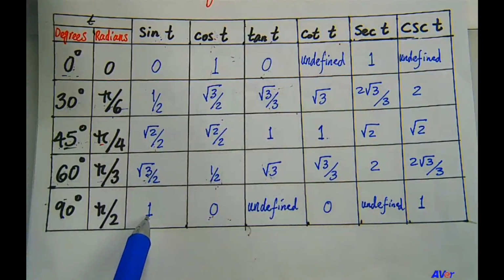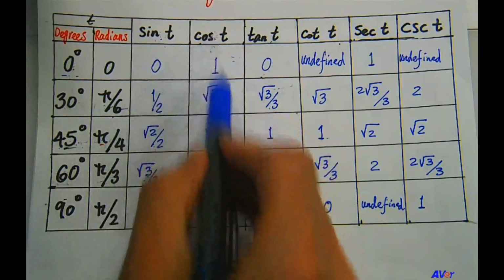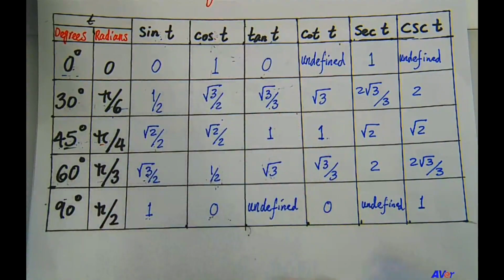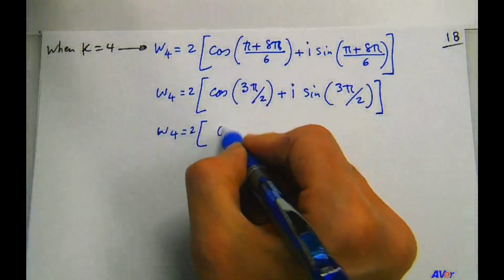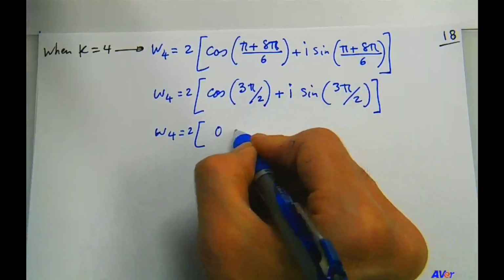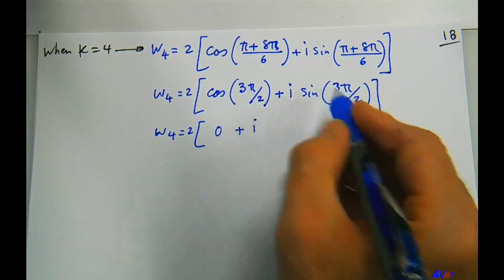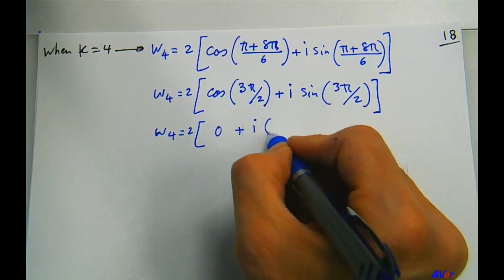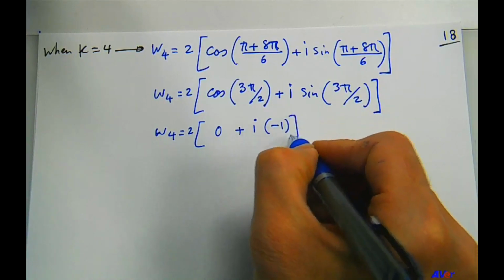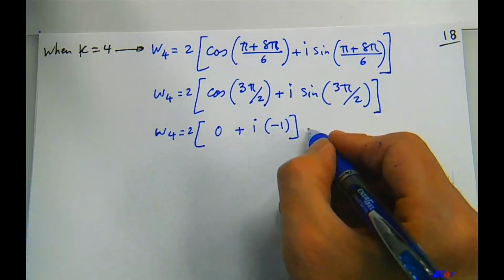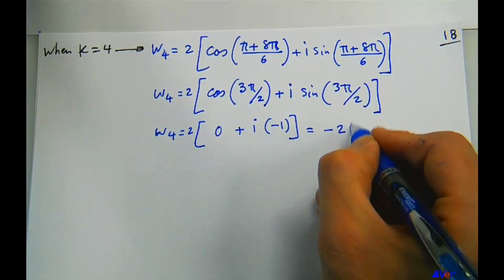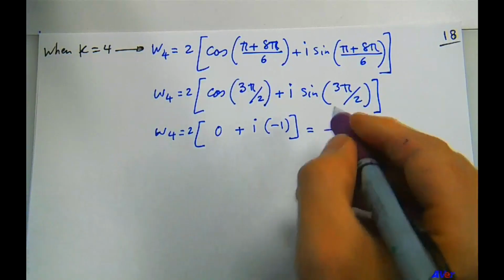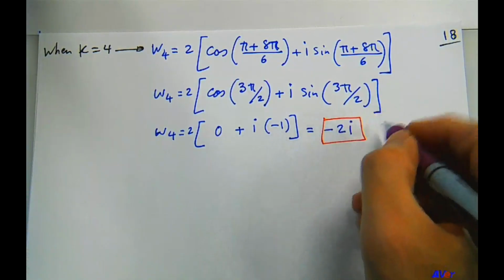We're in the third quadrant, so that's negative 1 for the sine. For cosine, it's just 0. Okay, so the first term is going to be 0. The second term is going to be negative 1. So i times negative 1, and if you distribute the 2, you get minus 2i.